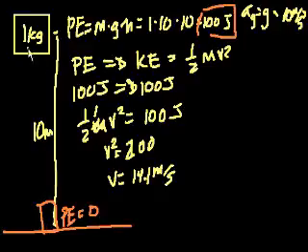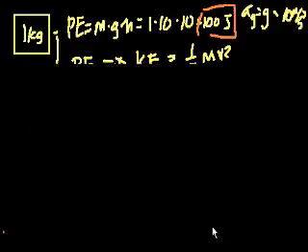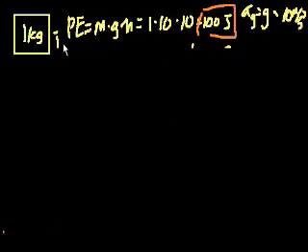So let's say we have the same 1 kilogram object up here, and it's 10 meters in the air, but I'm going to change things a little bit. So let me see if I can erase all of this. Okay, there you go. So I have the same object.